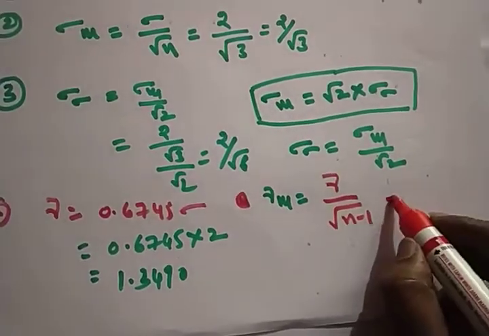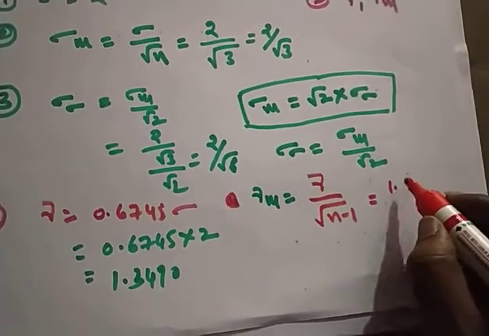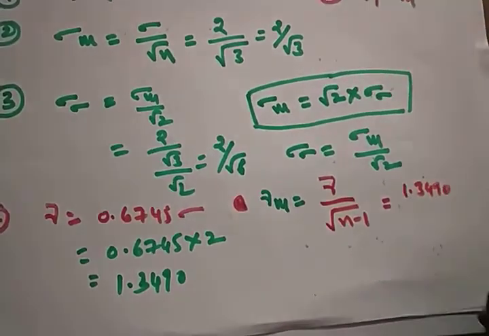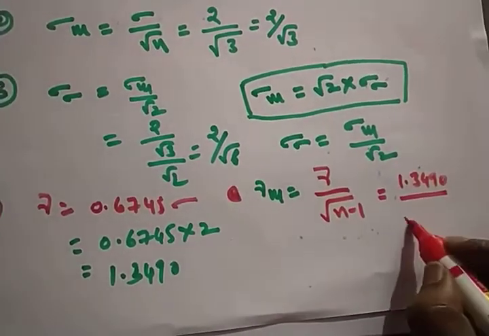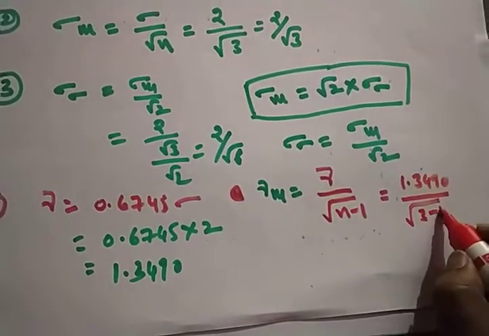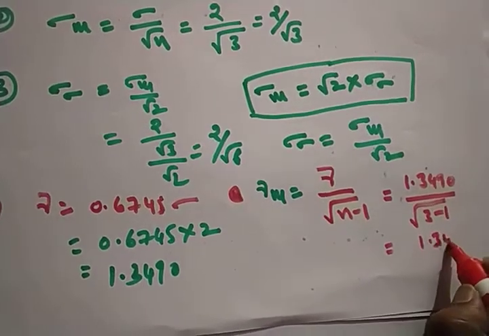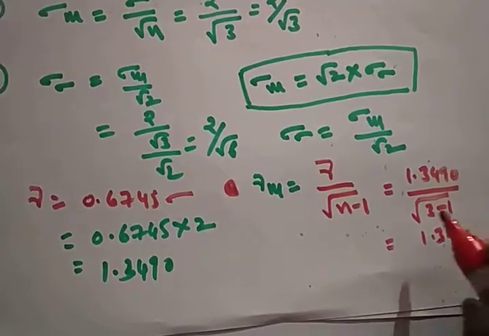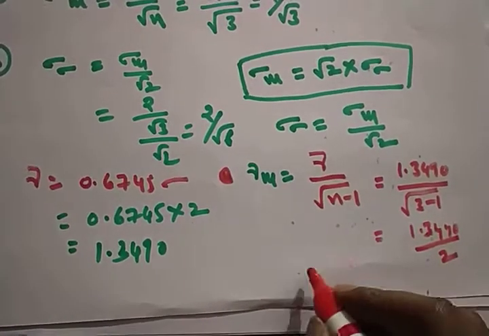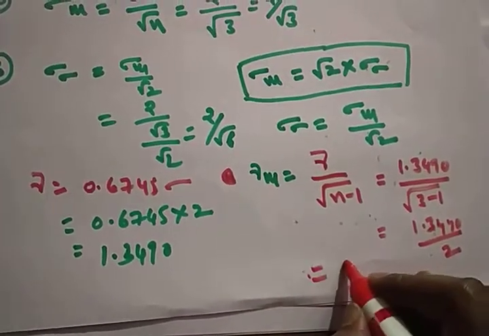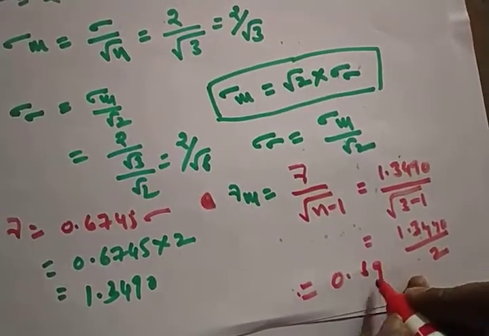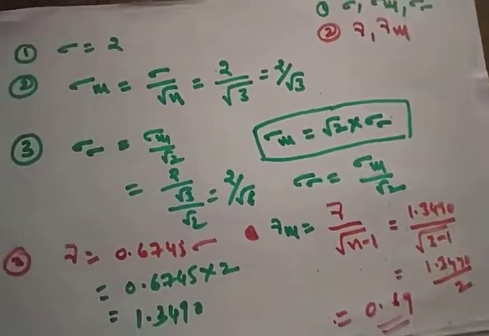You already calculated gamma as 1.3490, so divide by the square root of 3 minus 1. So 1.3490 by 2, and from this you will calculate 0.69 something.